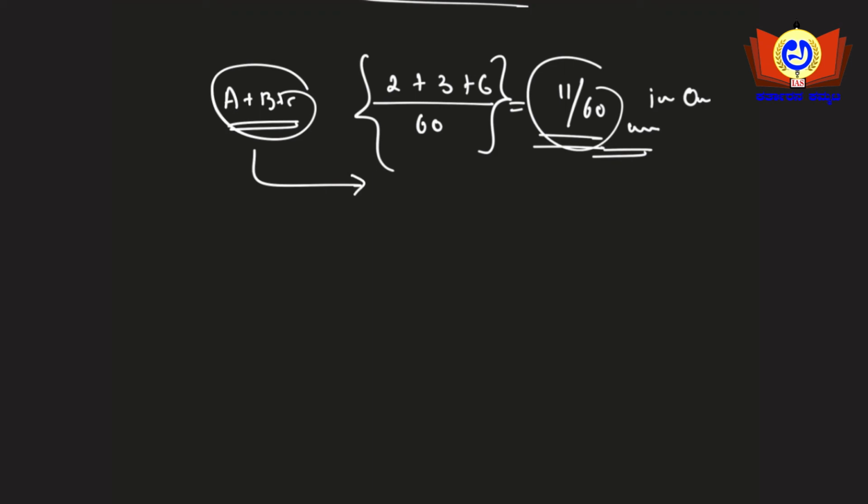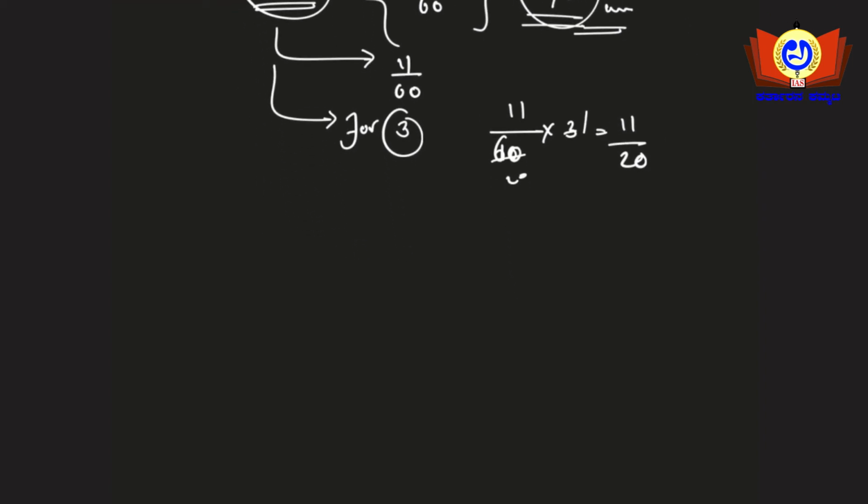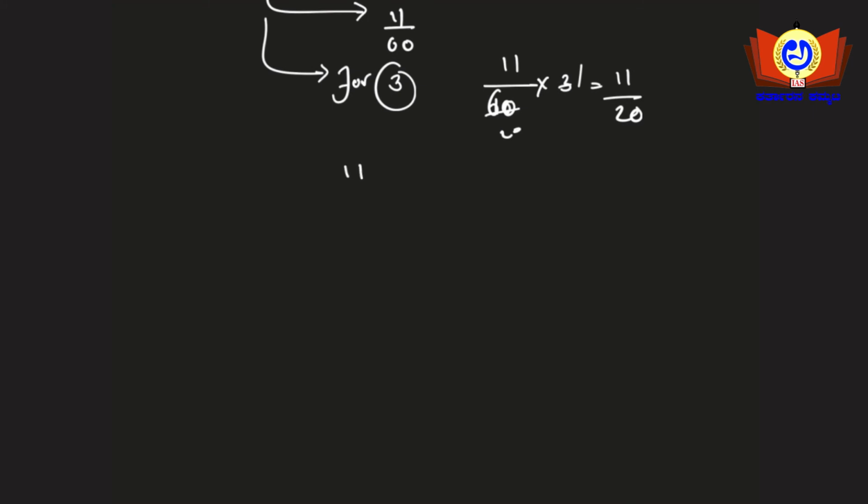So for 1 minute it is 11/60, and the question tells us for 3 minutes the pipes are open. So 11/60 into 3 will be 11/20. So for 3 minutes 11/20 part of the tank will be filled.